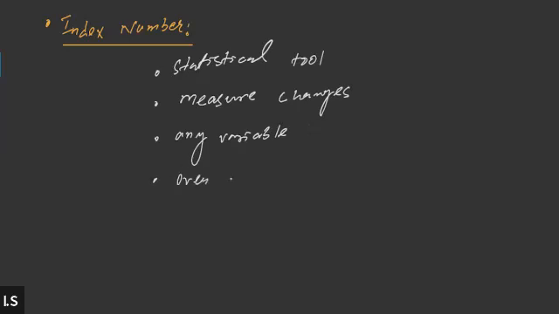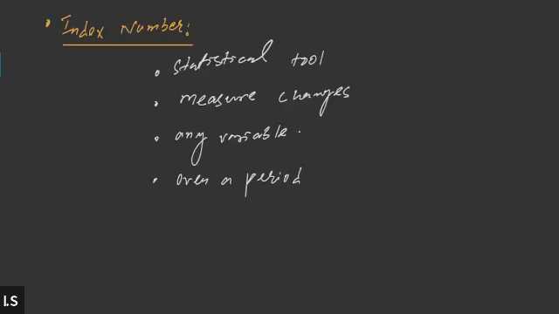So if we want to find out how much there is a change in a particular variable over a period of time, then for that purpose we can use index number. Now the question arises, sir, what do you mean by variables? Variables means anything that can be measured in terms of number, anything capable of being expressed in quantitative terms.